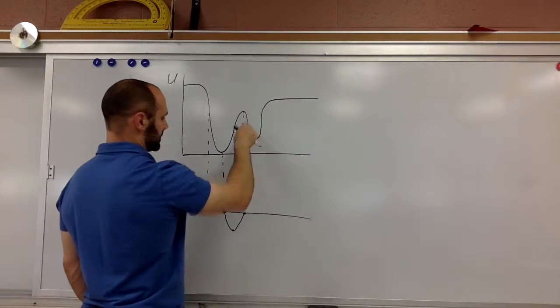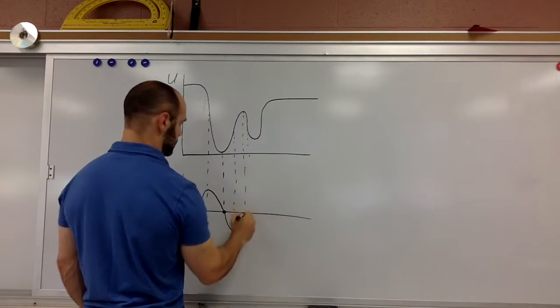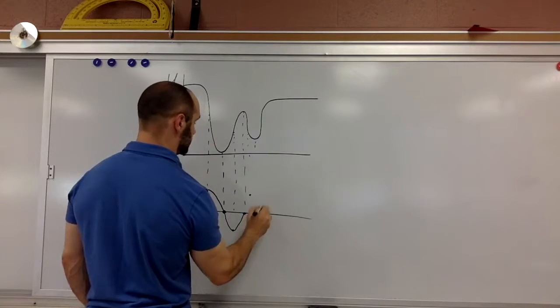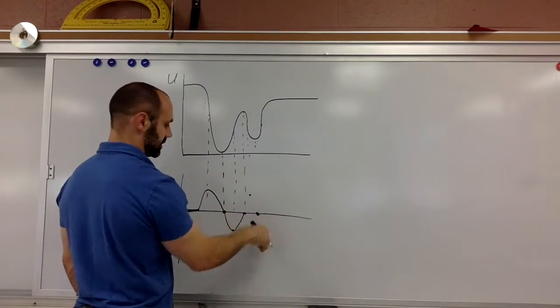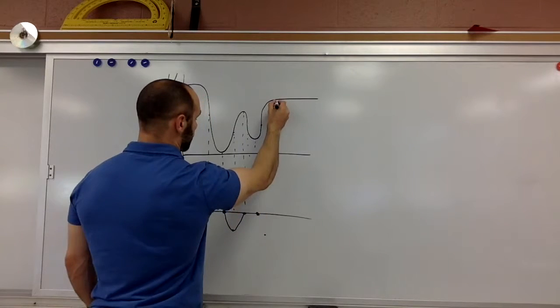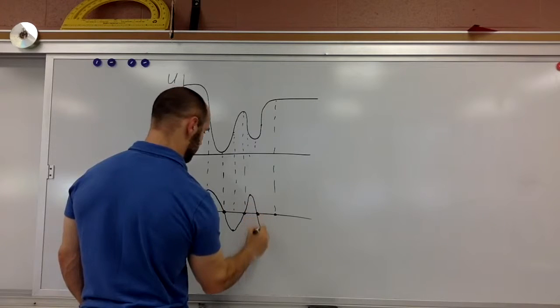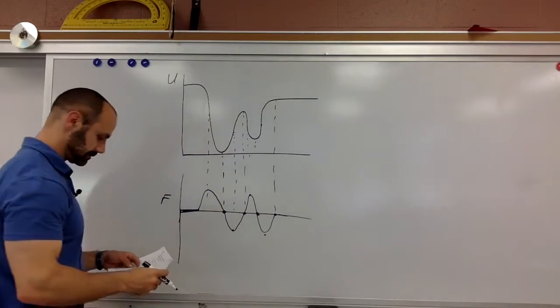And now again, it's at the steepest here, so at this steepest point, that's where it's going to be at some high point. And then again, 0. And then this is steep and positive, so this is going to be down negative. And at this point, it'll be back to 0. So then the force graph looks something like that.